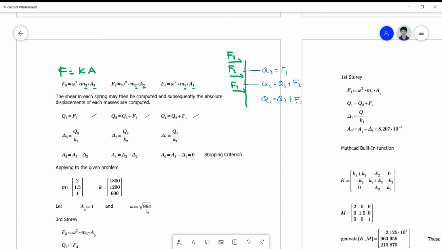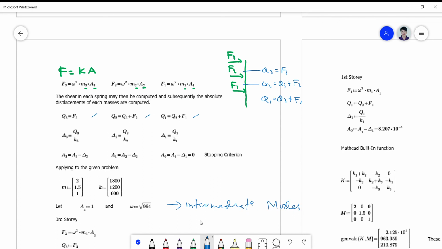and normally, as I have told you, the Holzer's method can capture the intermediate mode, including the first and the last mode. Okay, so this captures normally the intermediate modes, and the first and the last also, okay?